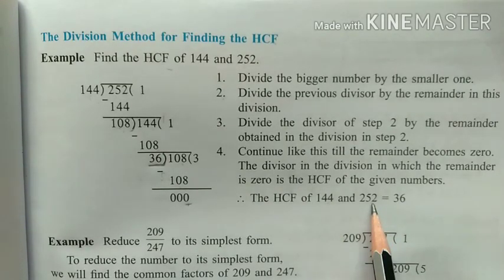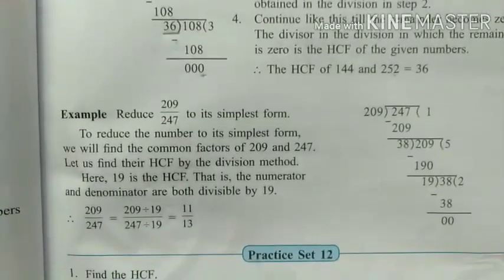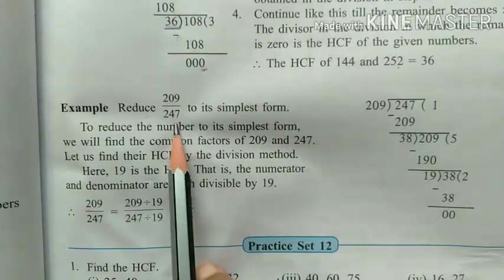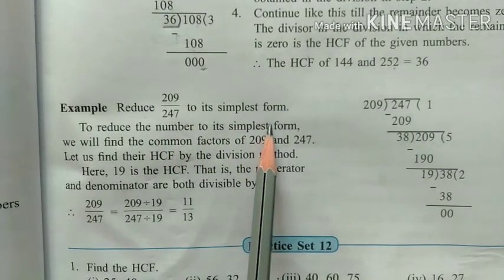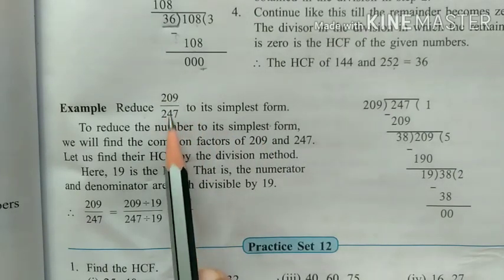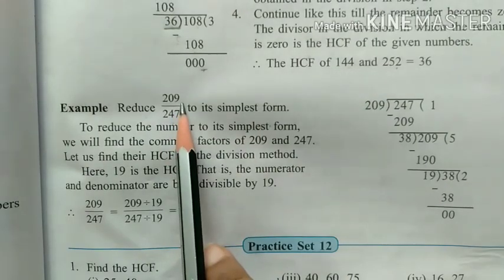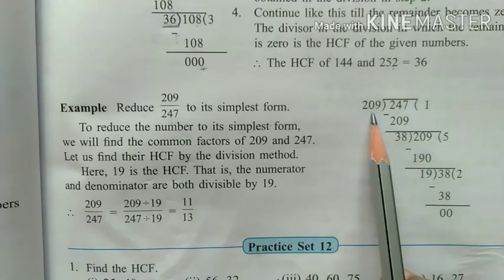Okay, one more question. Reduce 209 upon 247 to the simplest form. To find the simplest ratio, we learned in 5th standard, but here we have to find it by the division method. Which is the smaller and which is the greater? 247 is the greater, 209 is the smaller. So 247 divided by 209.